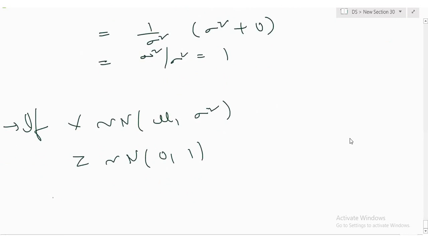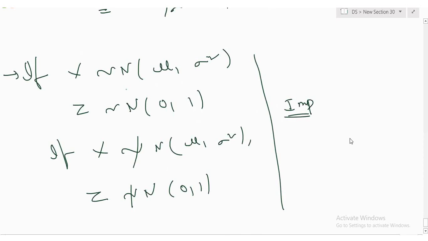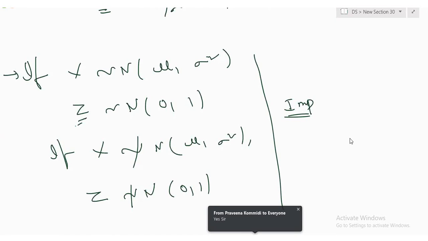If x is not following the normal with mu and sigma square, then z is not following the normal either, but still it is going to have mean 0 and standard deviation 1. All are with me? This is a statement you need to remember. Very, very important. Most of the people on the earth think that z always follows the normal. That is not true. Z need not follow the normal.